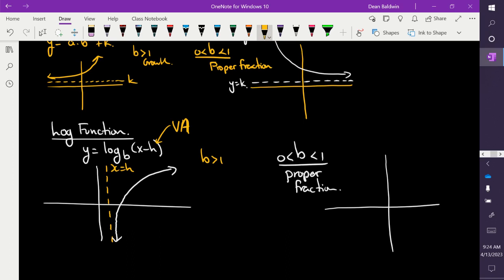Your h value is your vertical asymptote, except it's a decay curve now. So the graph looks like that. We okay with that? All right. Everybody got that down?